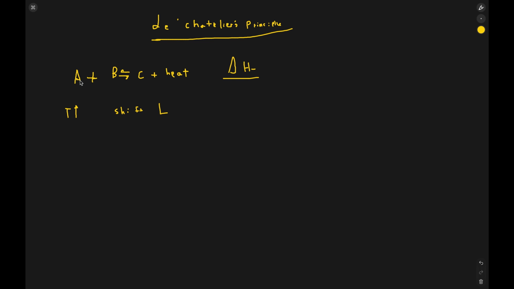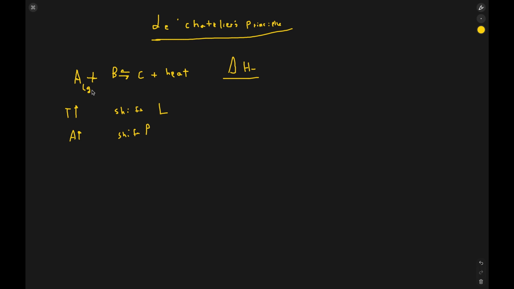And let's say if you add too much reactants, let's say if you increase A, the reaction will shift towards the right, towards the product side, to get rid of the extra A to restore the equilibrium. And it's pretty simple.